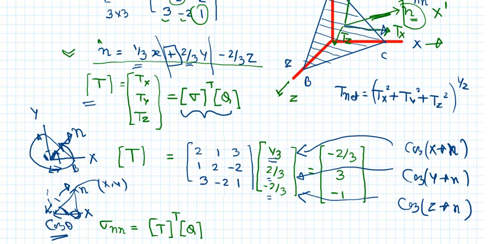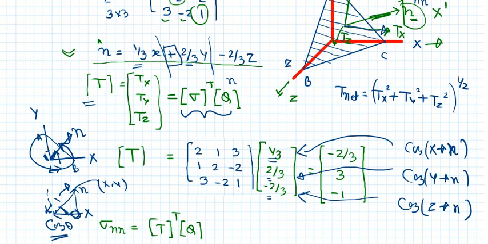So now this is the stress matrix 2 1 3, 1 2 minus 2, 3 minus 2 1, and it has to be multiplied by the direction cosine. This q is the direction cosine with respect to the n direction. So when you multiply it, three values will emerge: minus 2 by 3, 3 and minus 1, where minus 2 by 3 is the first, the second one, and the third one.